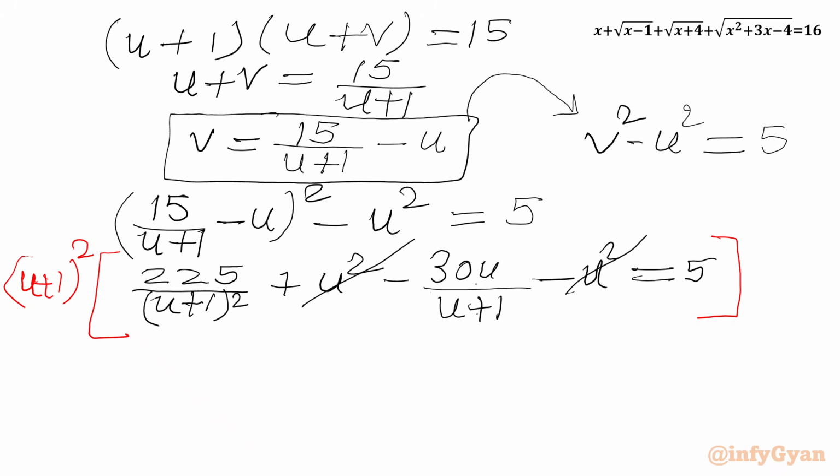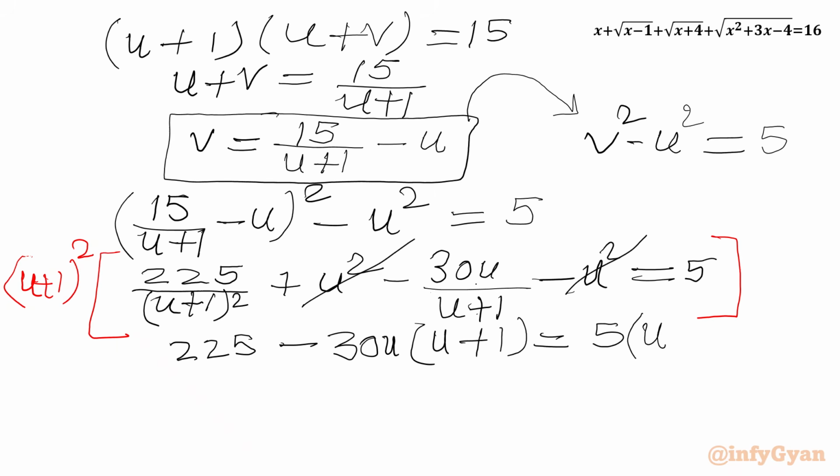We won't get a fractional equation. So we are going to write here 225, (u plus 1) whole square will get cancelled out, minus 30 times (u plus 1) equal to 5 times (u plus 1) whole square.